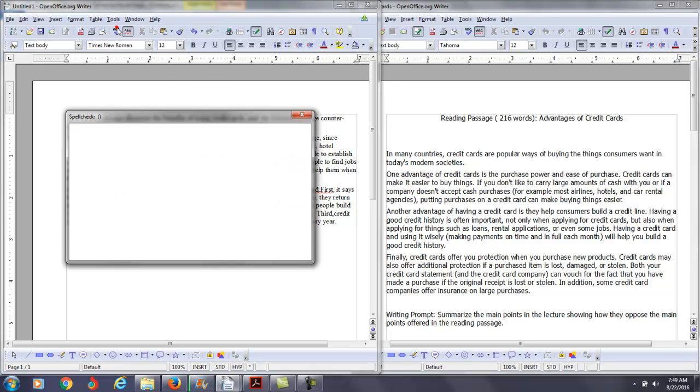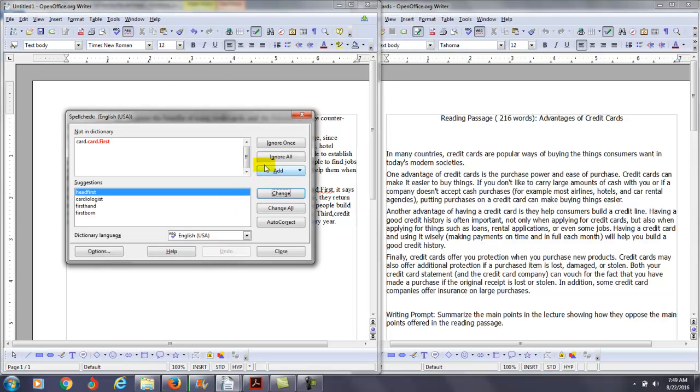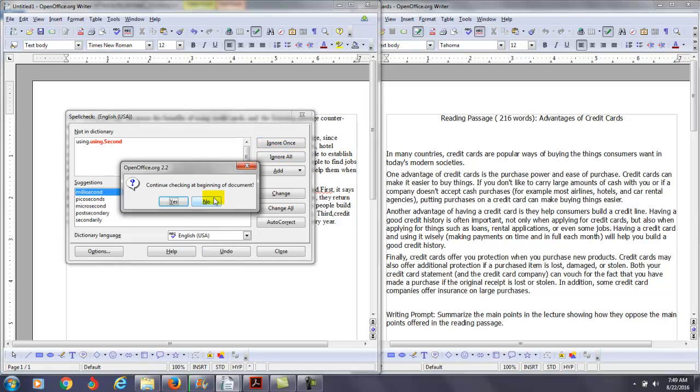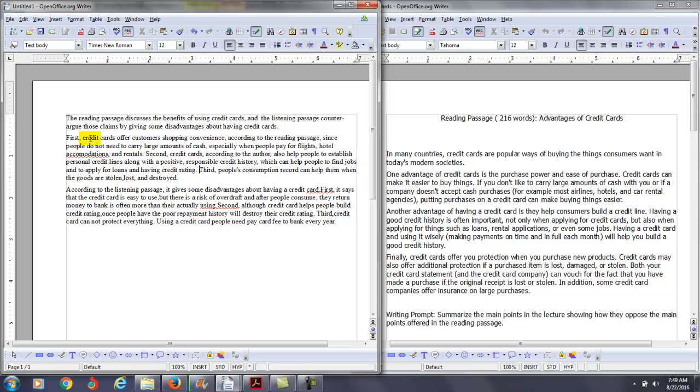Let me spell check it quickly. Okay, so it says first, credit cards offer customers shopping convenience according to the reading passage, since people do not need to carry large amounts of cash, especially when people pay for flights, hotel accommodations, and auto rentals.